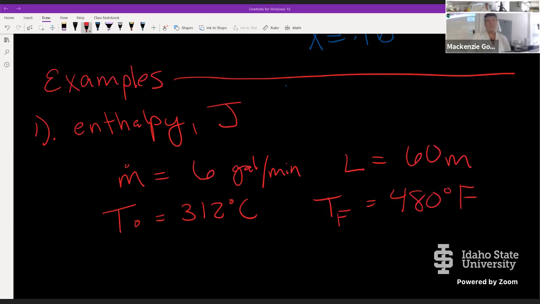Don't we need to know how many liters are in a gallon possibly, or not? Yes, if you're switching to all metric, you would. I didn't write that, I can look it up. But yeah, you can look it up.